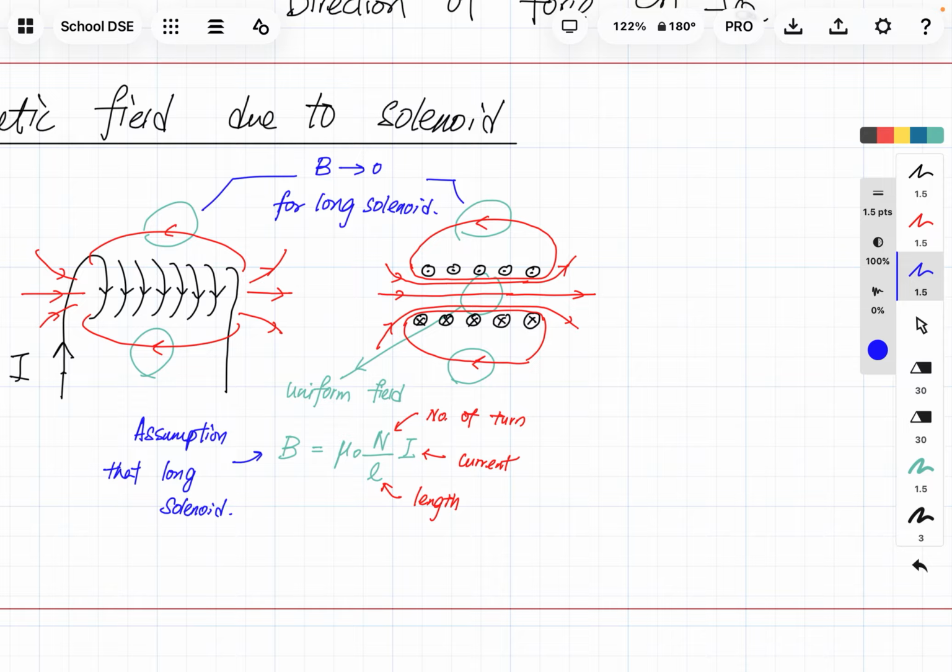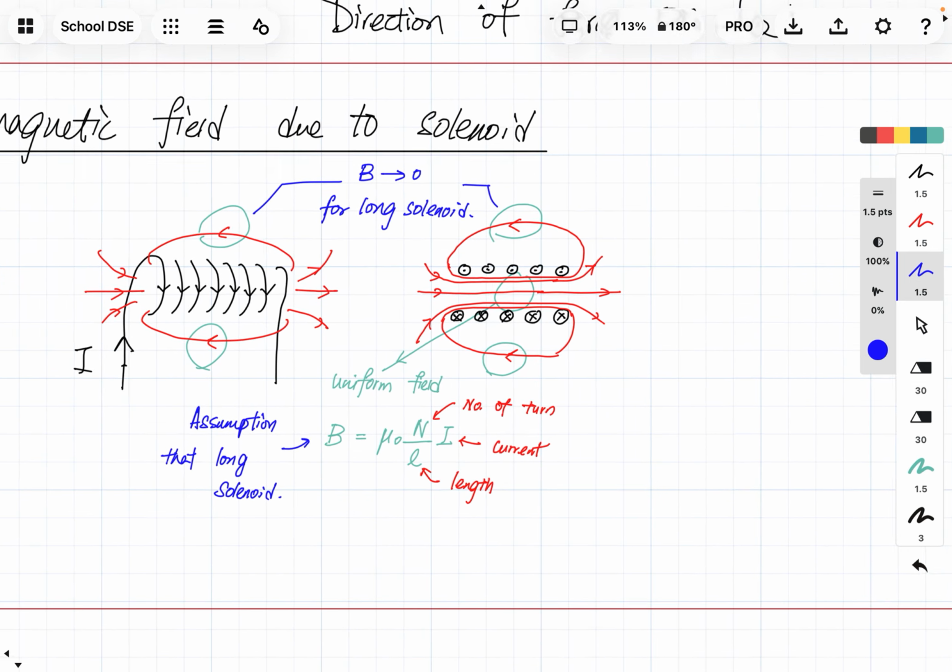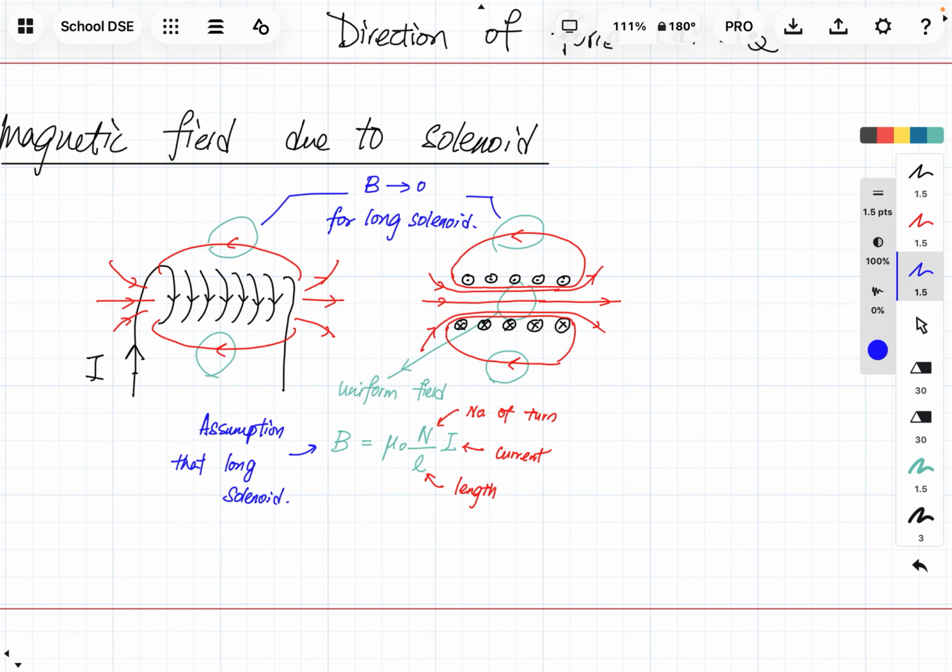And what will be the direction of the magnetic field? In this region, using the right-hand grip rule, going like this, the ring outside will produce a magnetic field going into the page. And this one will produce a magnetic field going out of the page. But only this part, so the two fields cancel outside this smaller solenoid.